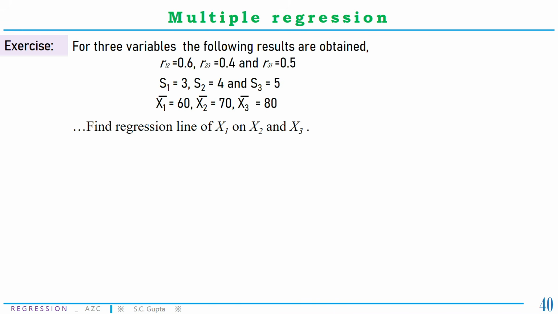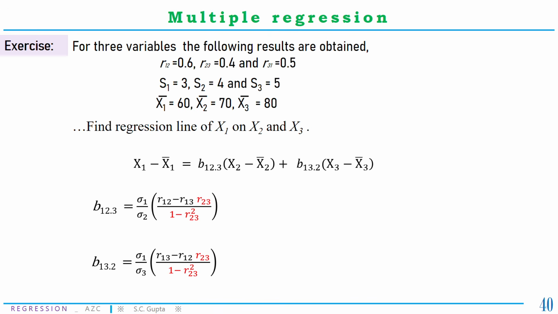For 3 variables, the following results are obtained. Find the regression line of x1 on x2 and x3. Here is the equation to find the regression line equation. To solve this equation, first we need to calculate b1 2.3. b1 2.3 found is 0.3571.